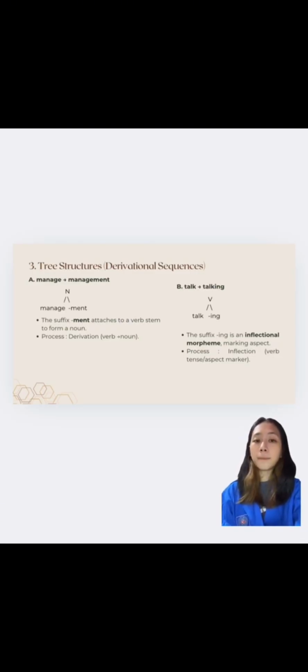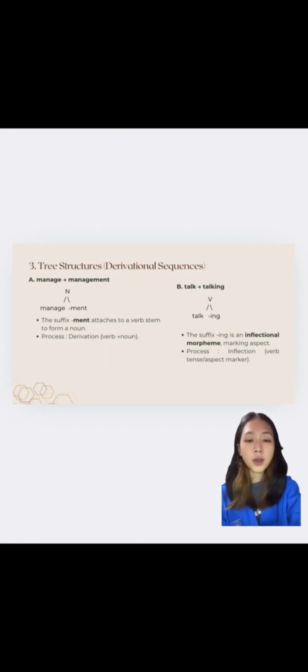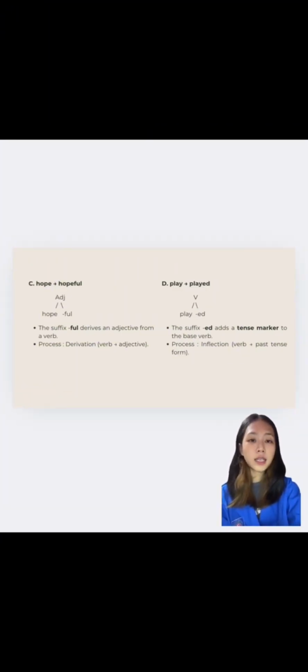In play plus "ed", the suffix only inflects the verb for past tense. As you can see, the example tree diagrams for manage and management, and talk and talking. And then you can see other examples: hope becomes hopeful and play becomes played. You can see the tree diagram too.